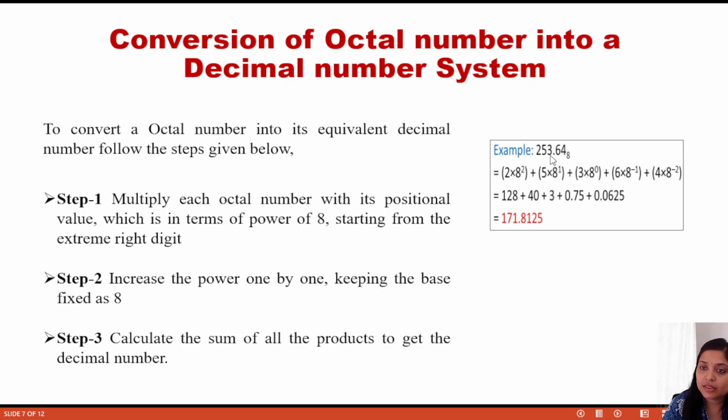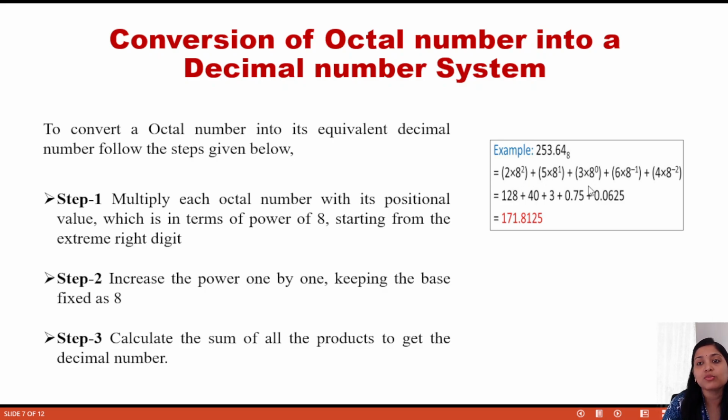How to convert? Everything you have to multiply by 8. In 253.64, before the point, starting from the left side, first is 3, so 3 into 8 to the power 0. Then 5 into 8 to the power 1, then 2 into 8 to the power 2.